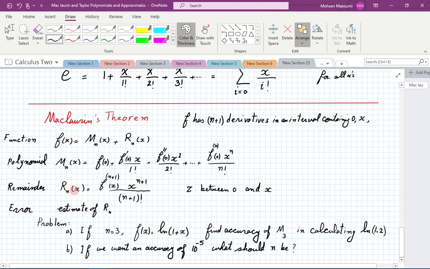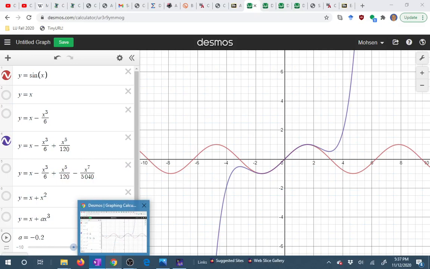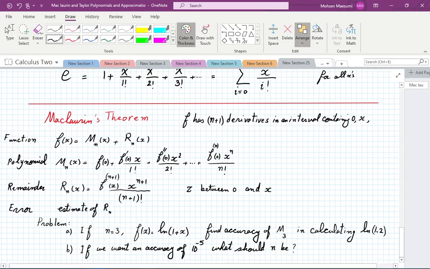However you evaluate this remainder is going to give you an estimate of the error. So many of these problems refer to an error, and that typically refers to how you evaluate this remainder term.